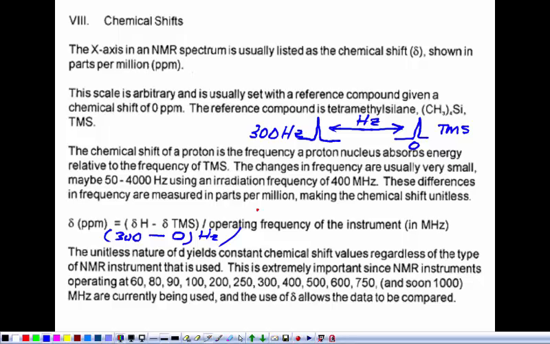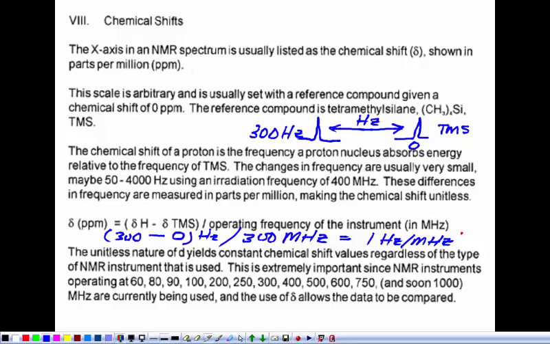And then I divide through by the operating frequency of that nucleus, which, on our instrument, if this is a proton, would be 300 megahertz. Okay. And so what would I get? Well, I'd get 300 hertz over 300 megahertz, which is going to be 1 hertz per megahertz.